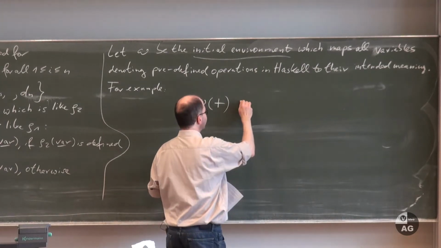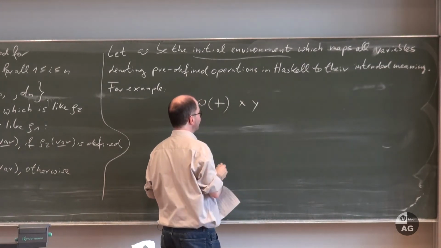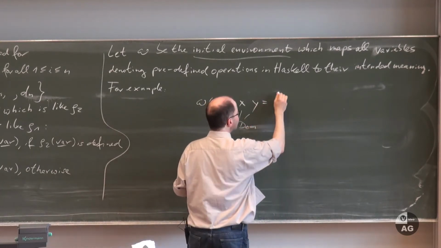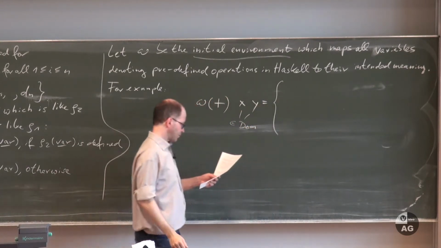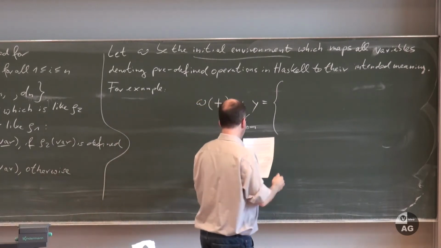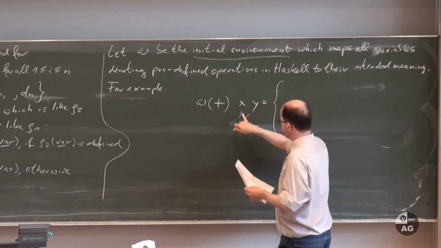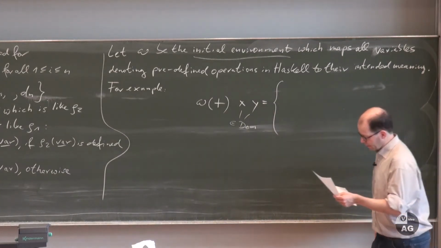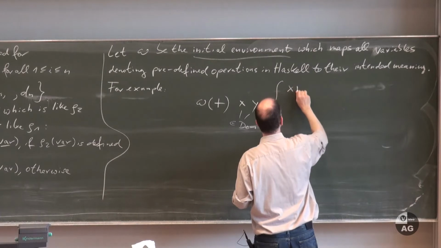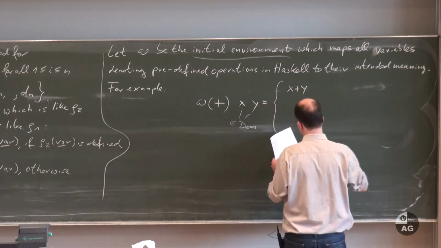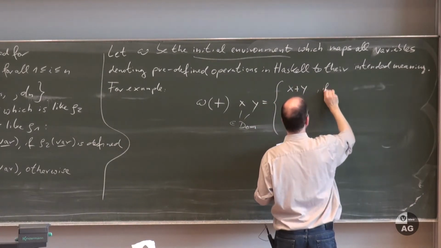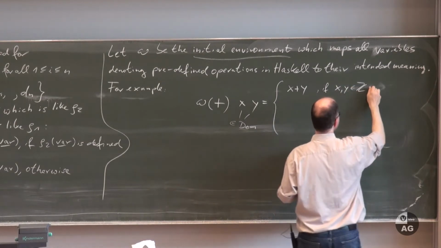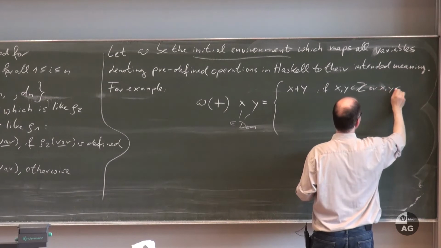It's a function that is applied to two elements from DOM. So these things are elements of DOM. And what is the result? Well, if these two elements are really numbers, then they are added. So the result is x plus y, if x and y are integers or x and y are floating point numbers.